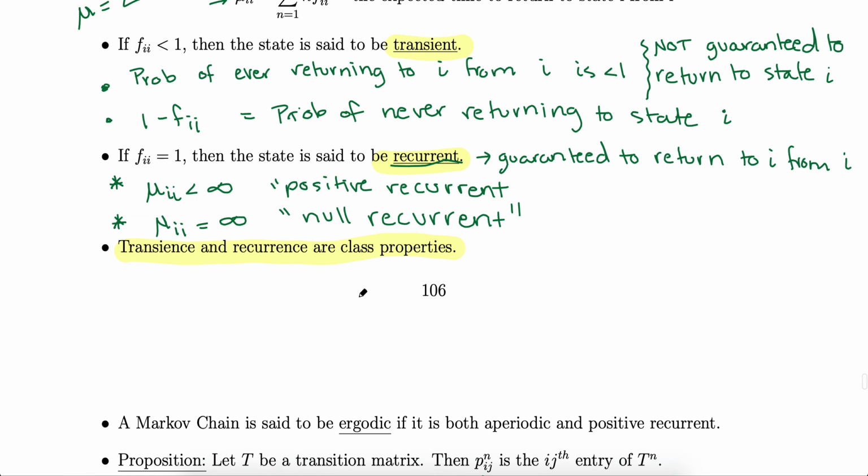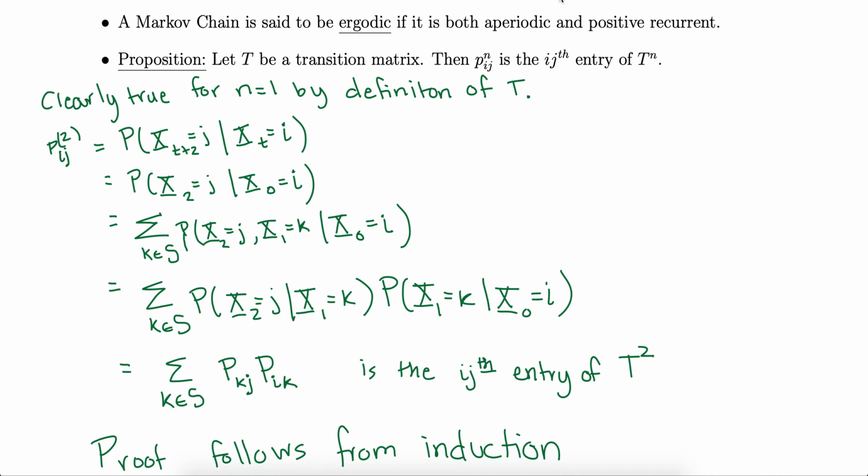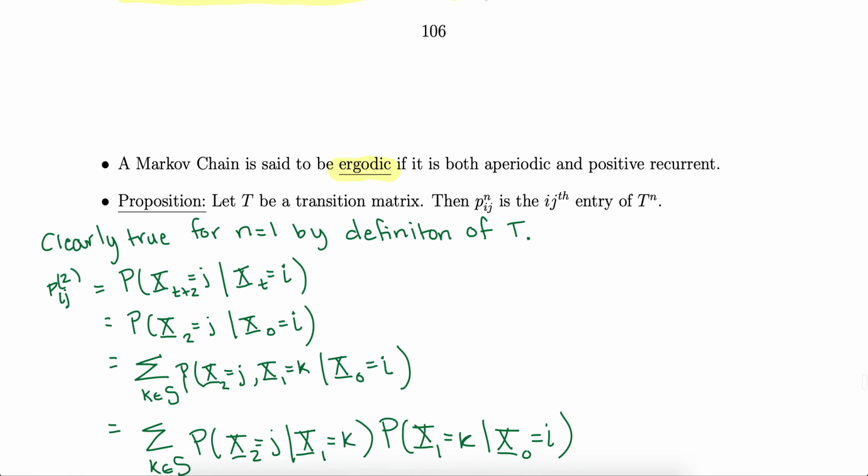Okay, the next page, our next bit of terminology here is this idea of an ergodic Markov chain, and it requires two things. First, it requires aperiodicity, so that meant our period was 1, or the greatest common divisor of return times is 1. And it also requires positive recurrence.